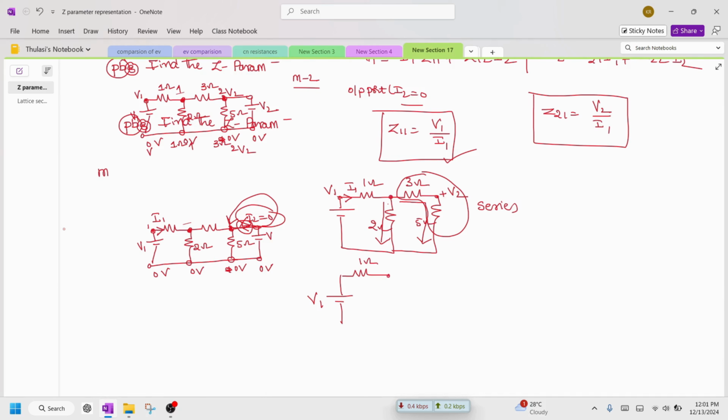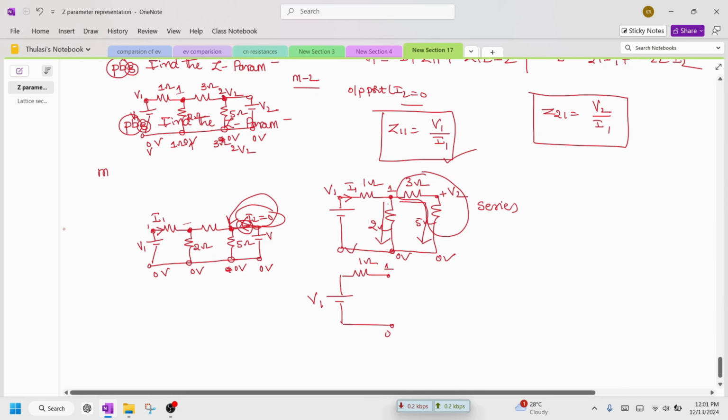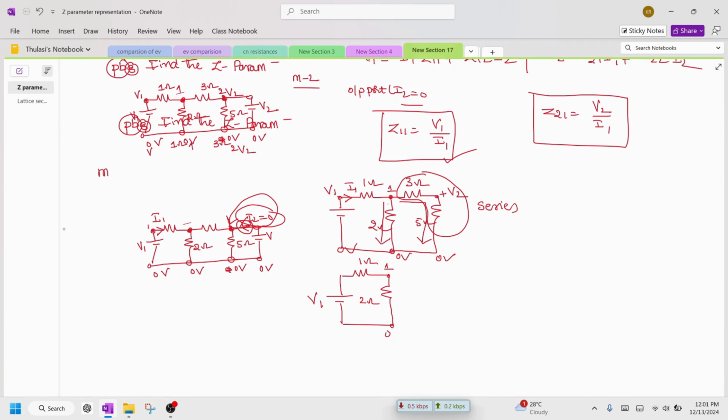If you have any doubt, let's mark this as 0 volts, the 0th node, and this as node 1. The element connected is only 2 ohm. And you can see these 3 and 5 are connected in series, so I can say it is a sum: 3 plus 5 is 8 ohm.